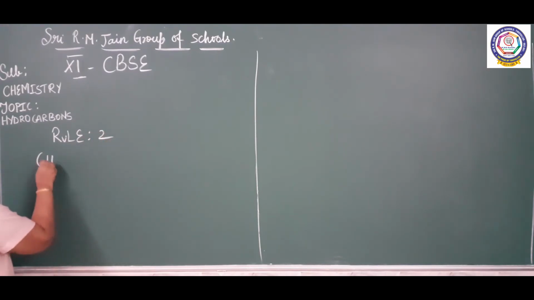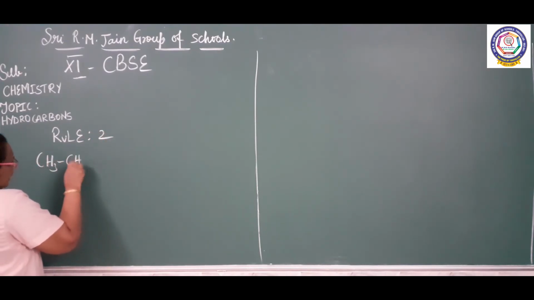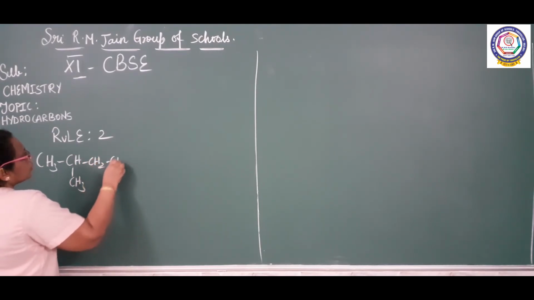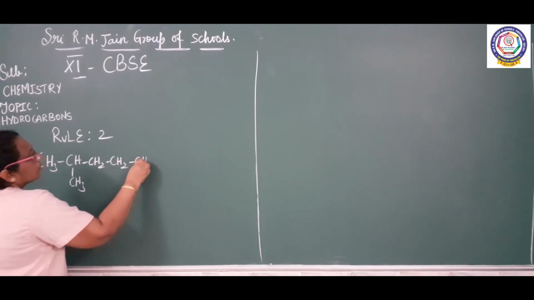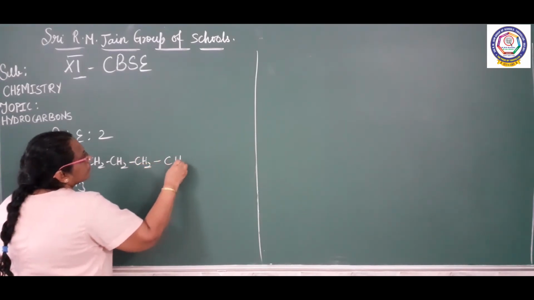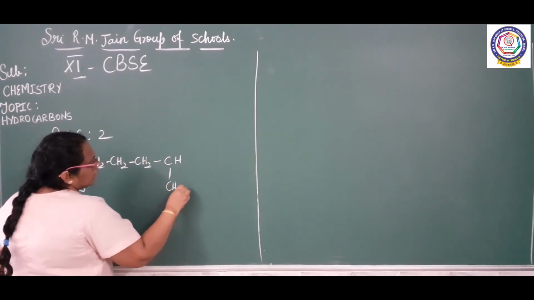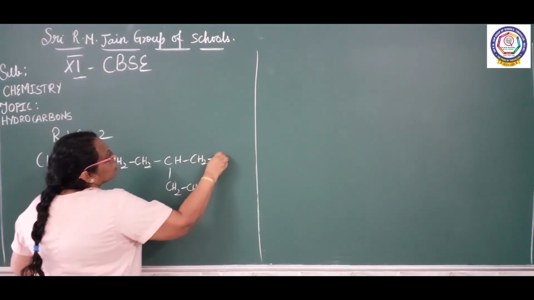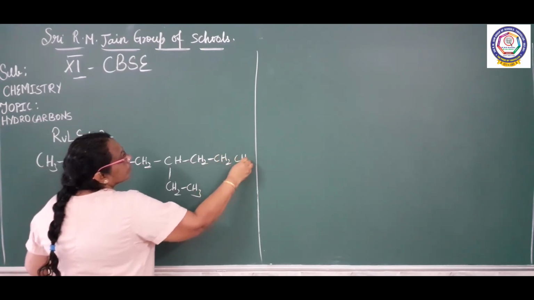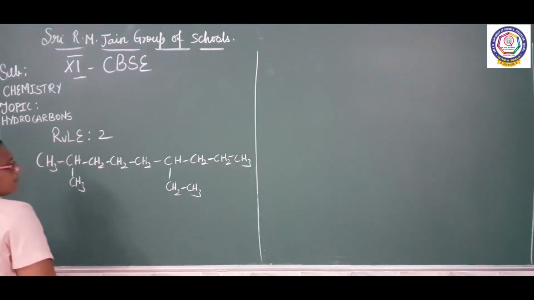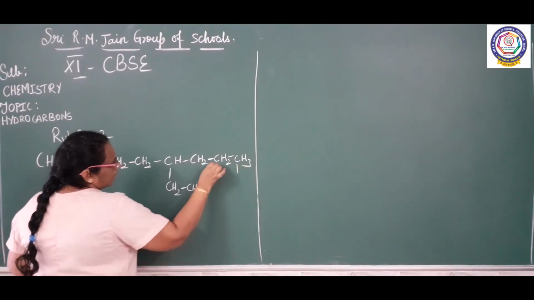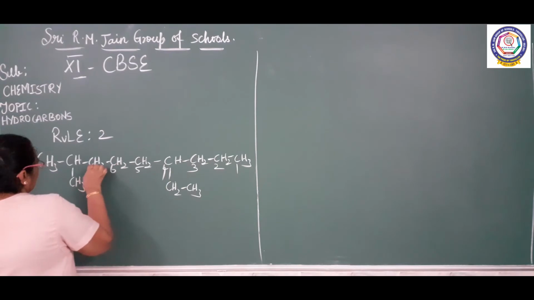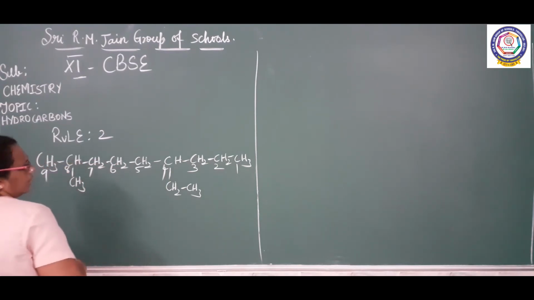Write the compound: CH3, CH, CH3, CH2, CH2, CH2, CH, CH2, CH3, again CH2, CH2, CH3. Now number the carbon from right to left: 1, 2, 3, 4, 5, 6, 7, 8, 9.